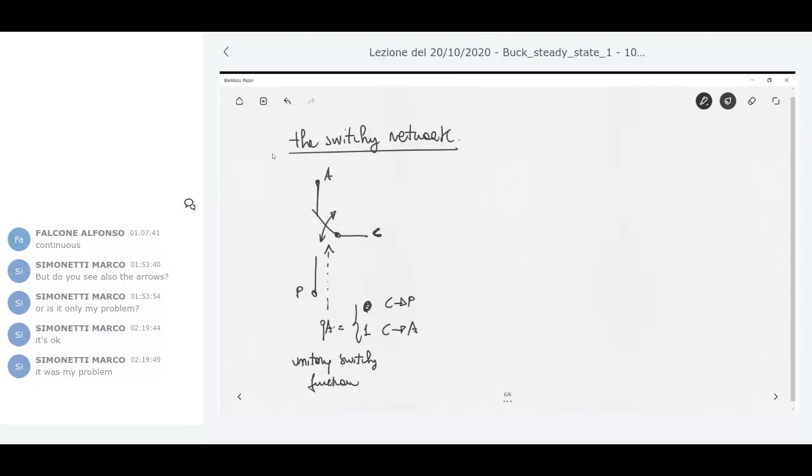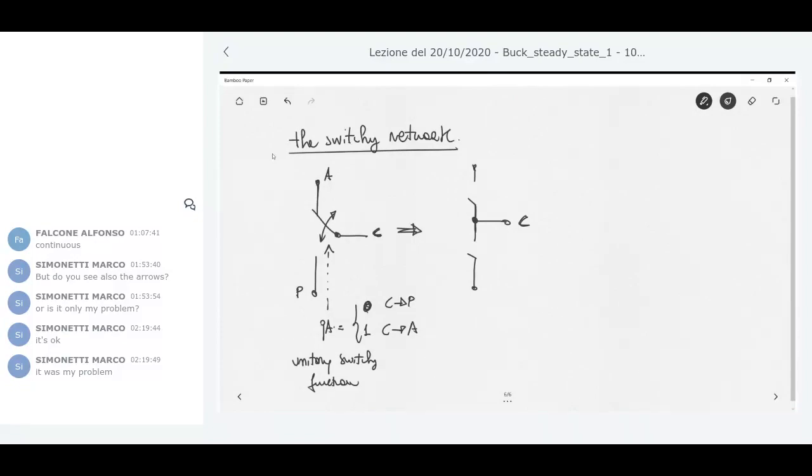Okay, so depending on the logic level of the unitary switching function, this bipositional switch can be operated in two ways. The same circuit can be operated, instead of using this bipositional switch, by using two switches. Now this is the common node. The common node has a sense because it's common between the two switches.